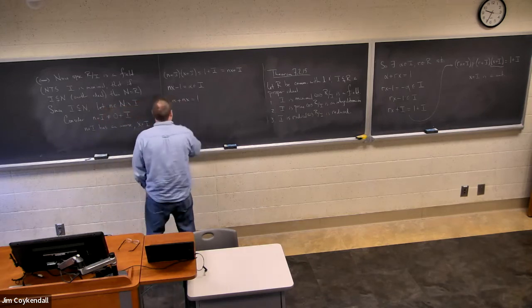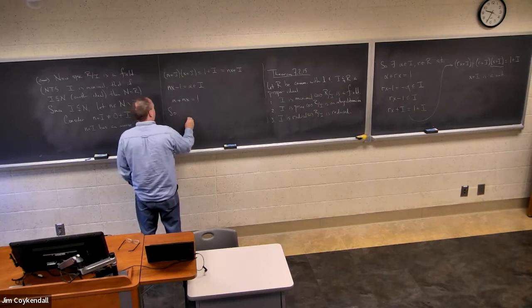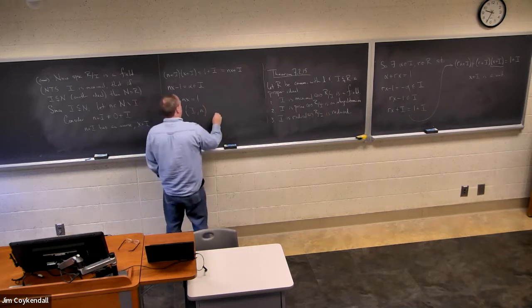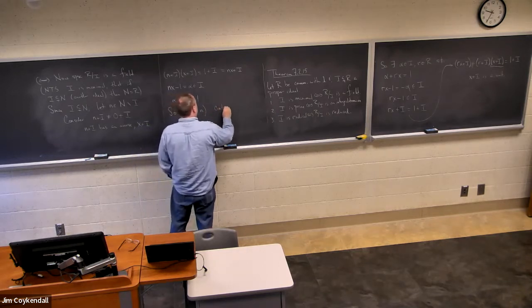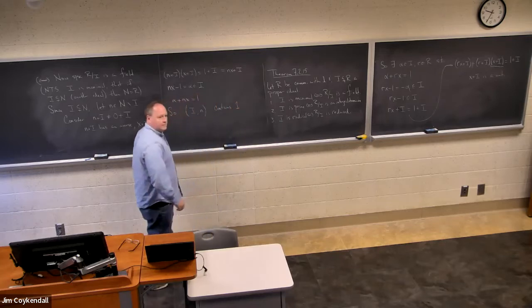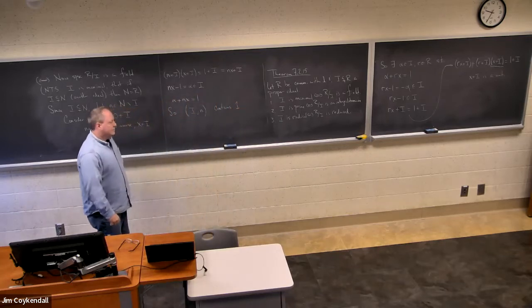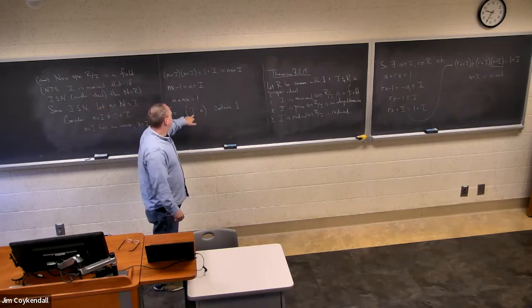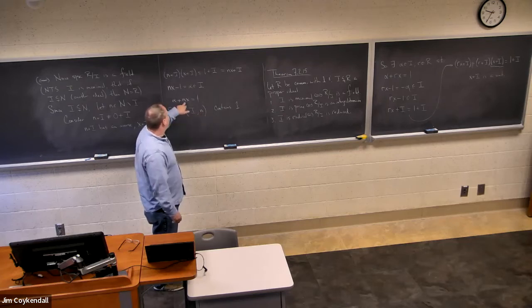So the ideal N contains 1, right, because remember what N is: it's stuff from I plus multiples of n, and that's exactly what this is.